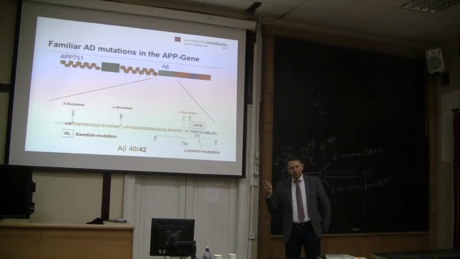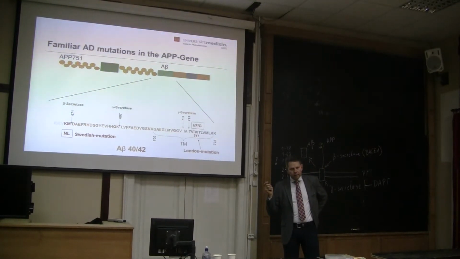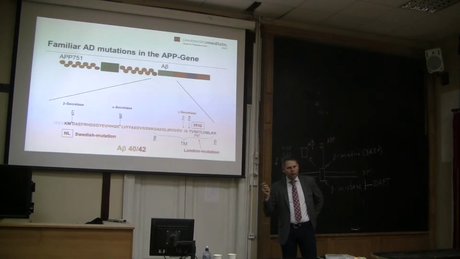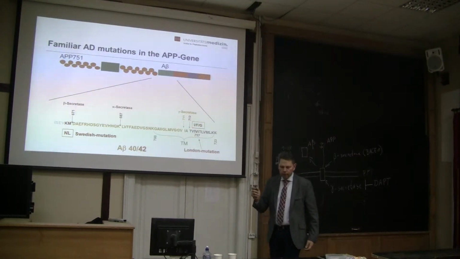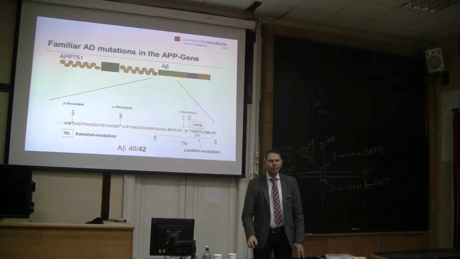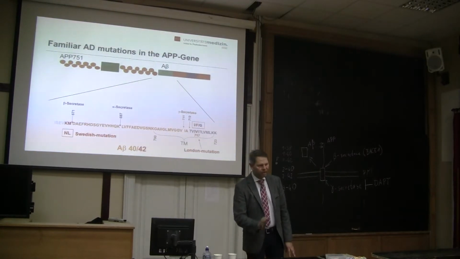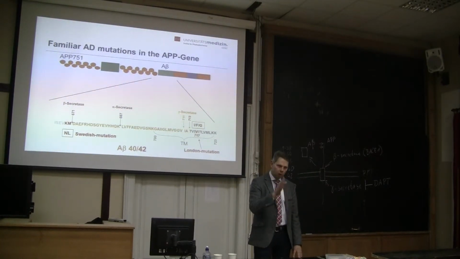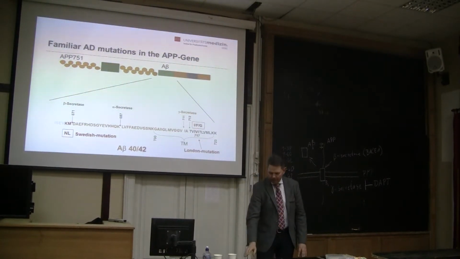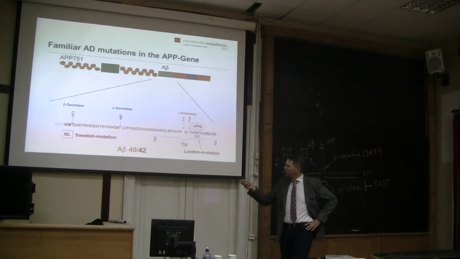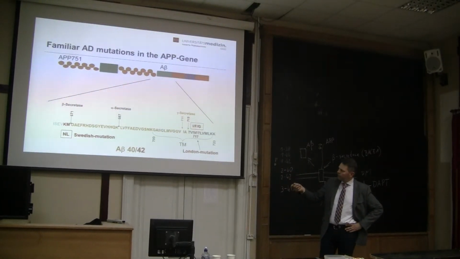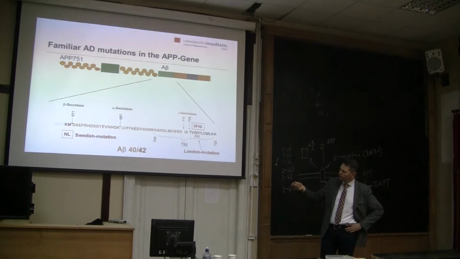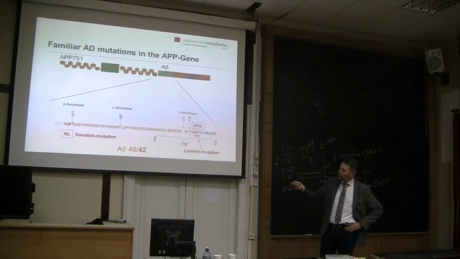But one other aspect I haven't talked about is, so far I've always shown you results from APP wild type. So from APP that you have in your brain. Let's hope you have that in your brain, right? Because if you have APP with a mutation, as I've told you, the Swedish mutation up in front here will result in a higher Km value for beta secretase.